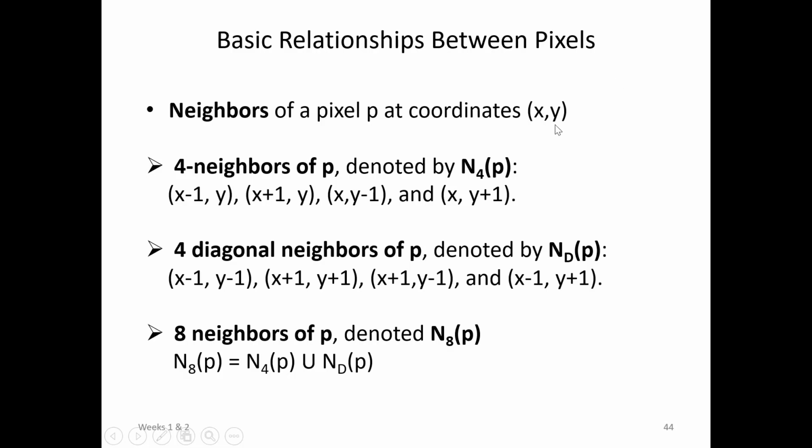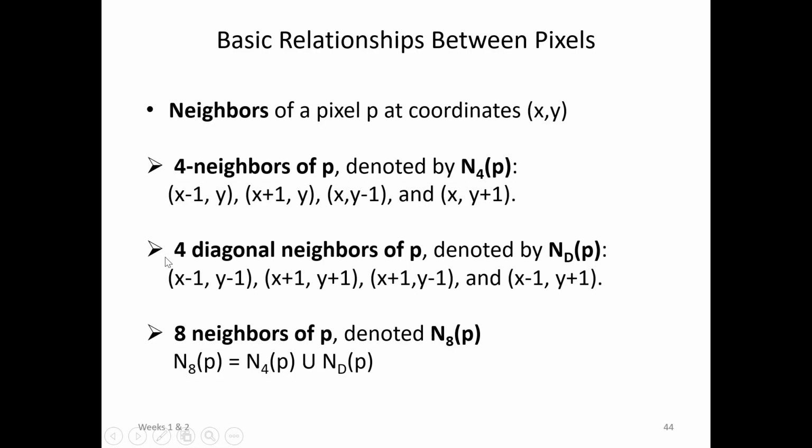If the coordinate values of the center pixel are x and y, we can take four neighbors like this: top pixel, lower pixel, left hand side pixel, and right hand side pixel. Only the closest pixels we can take like this. Then it is called four neighborhood pixels.